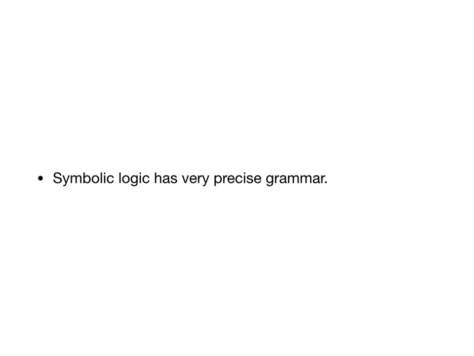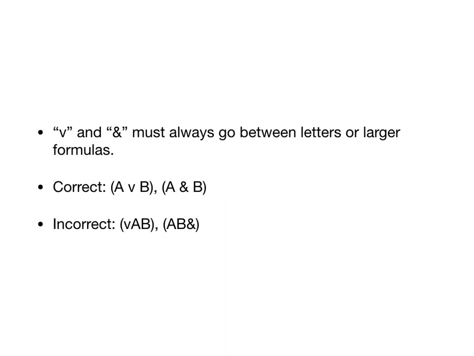Now, symbolic logic, another thing I want to make clear, if it's not clear already, has a very precise grammar. And you need to follow this grammar. This seems like it should be one of those things that almost goes without saying, but I have students who have real trouble with this, so I just want to say something to start with.